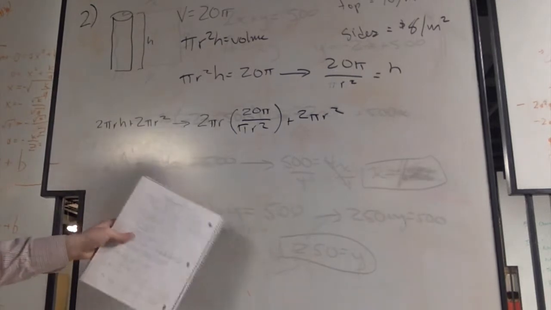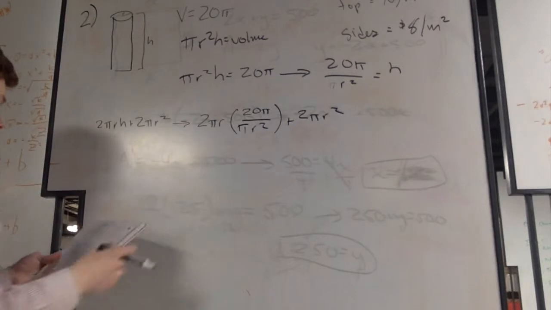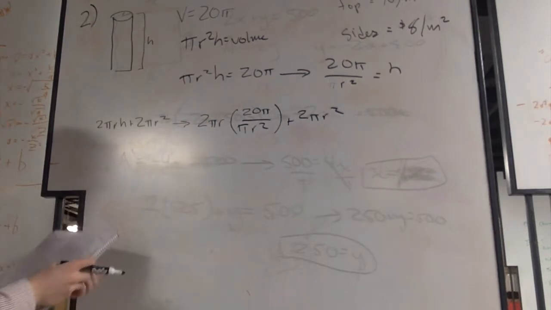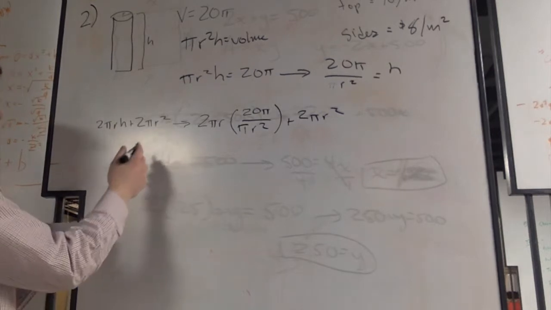So then to incorporate the prices into that, you just multiply each part by the price, and then to save some more room on the board, I'm going to just quickly fill in those values.